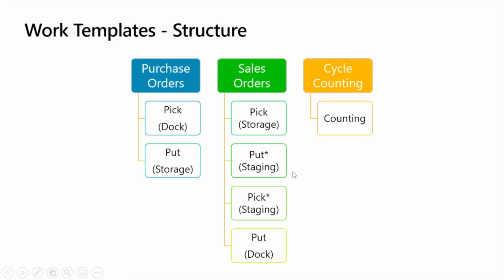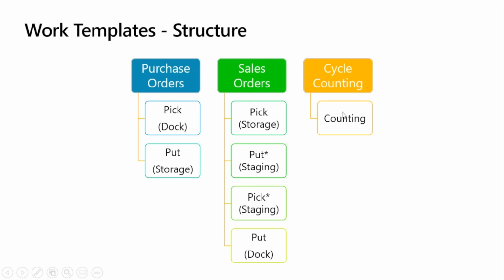I have an example here that shows that you can have multiple pick put pairs in the structure, but I have put asterisks in the middle section to show that, especially in the case of this light use of warehouse management, this complexity would not be required, right? In the demo, we're going to stick to a single pick put pair, even for our outbound transactions.